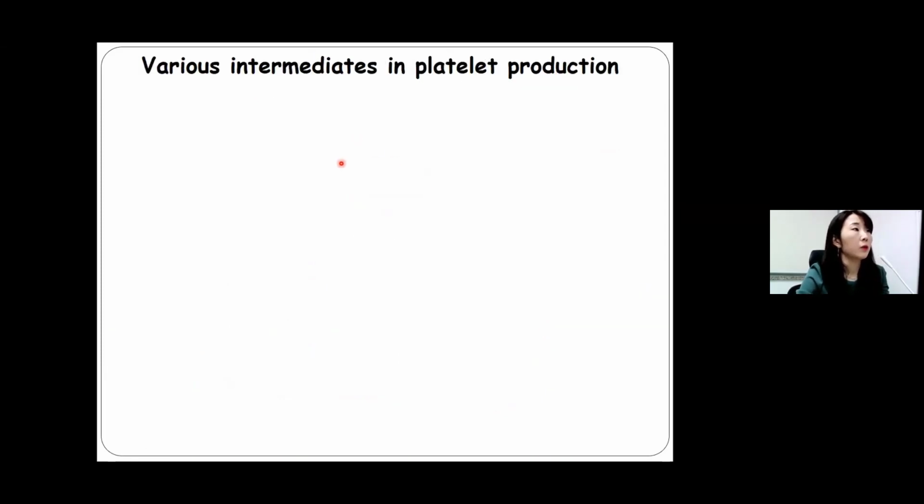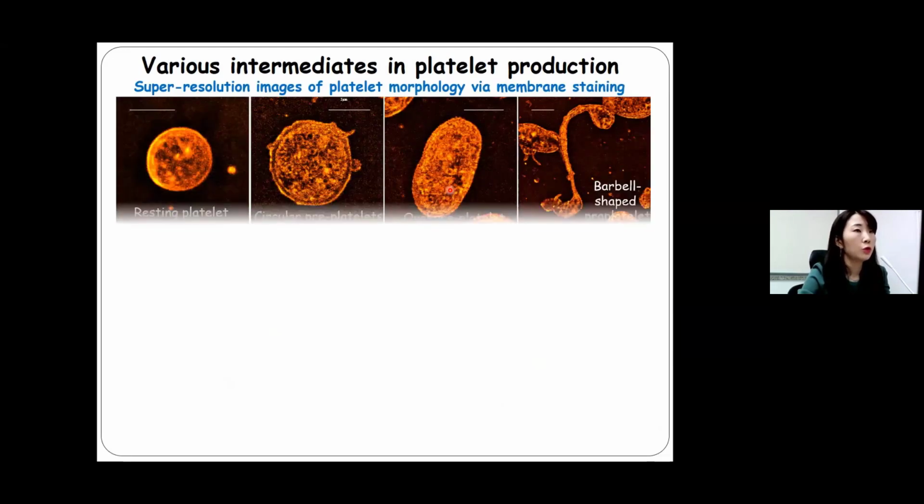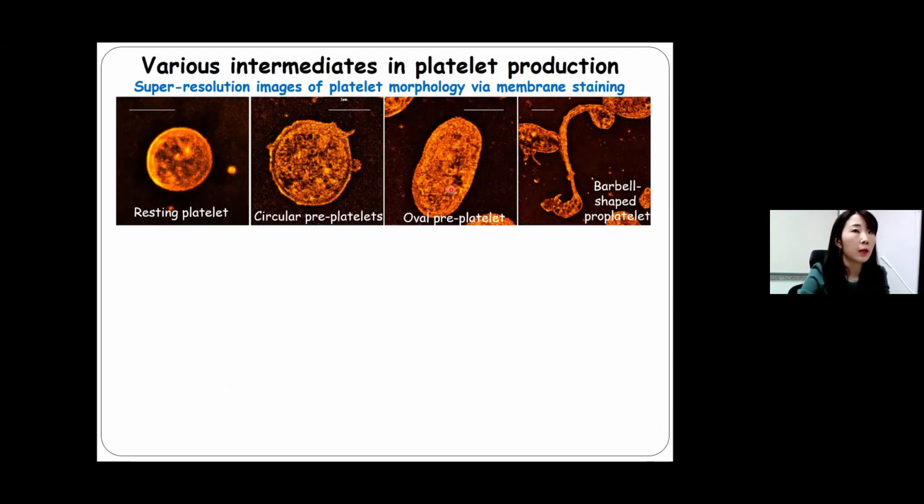So first of all, we try to test whether we can observe the various known platelet intermediates in our experimental condition. So to do that, we use again the membrane staining, and fortunately, from the membrane stained platelet sample, we could observe various known platelet intermediates.